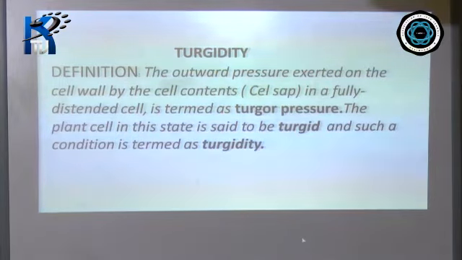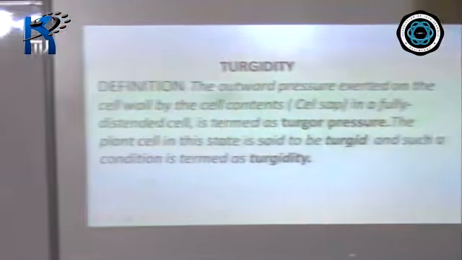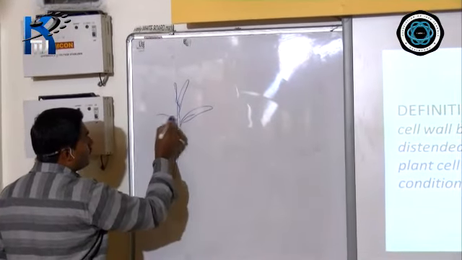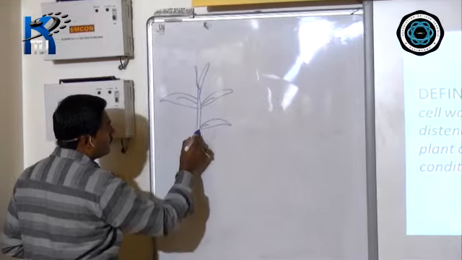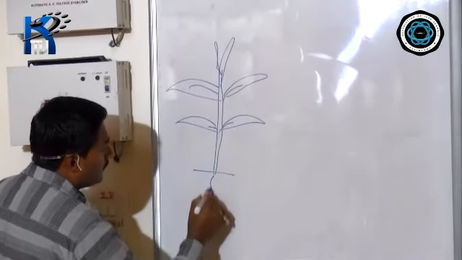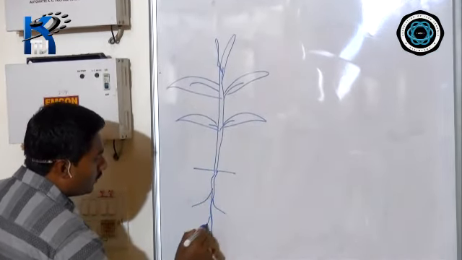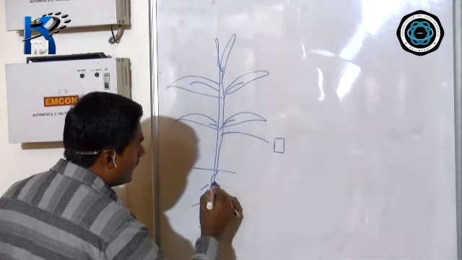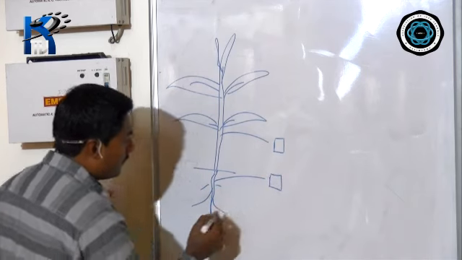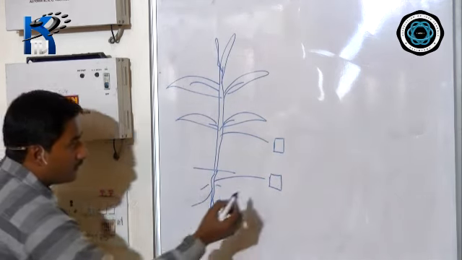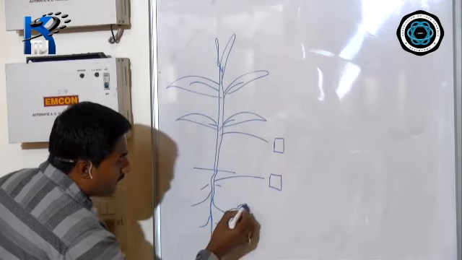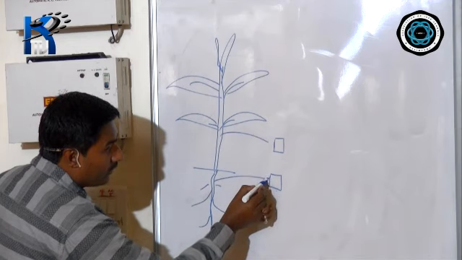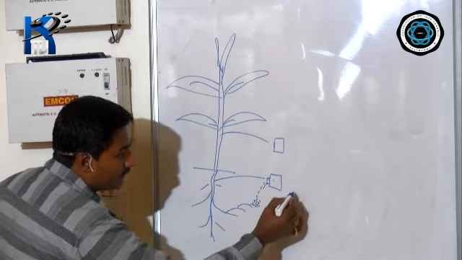Now take for instance a plant root. If you try to see the cell of this plant, when the root hairs absorb the water and minerals, this water and minerals are directed inside the cell.